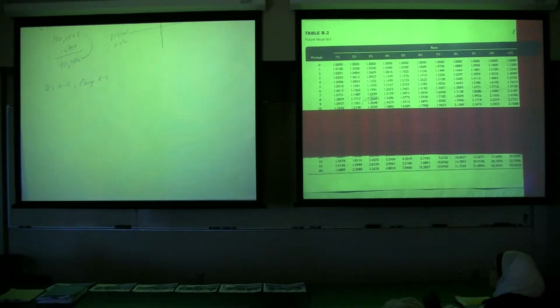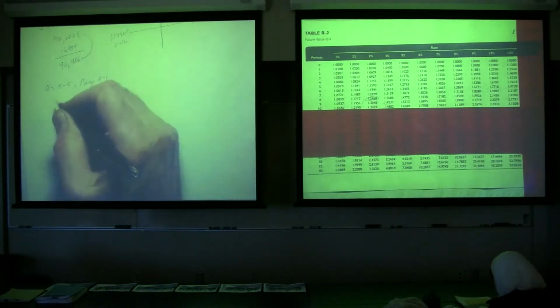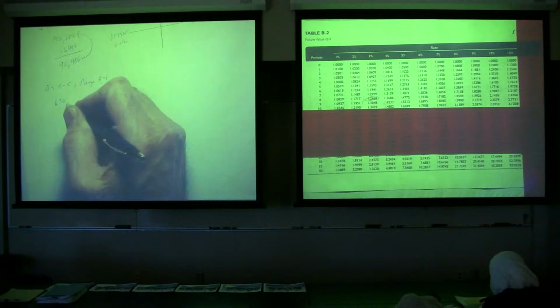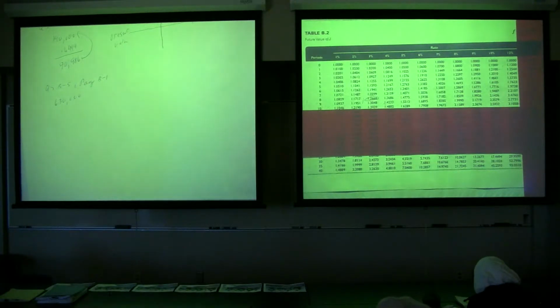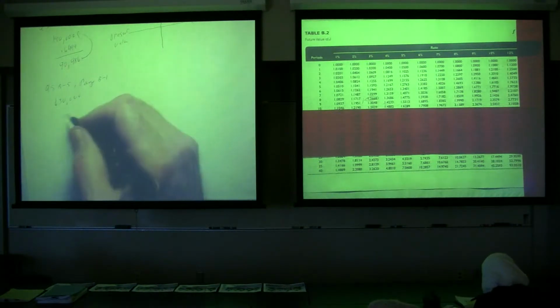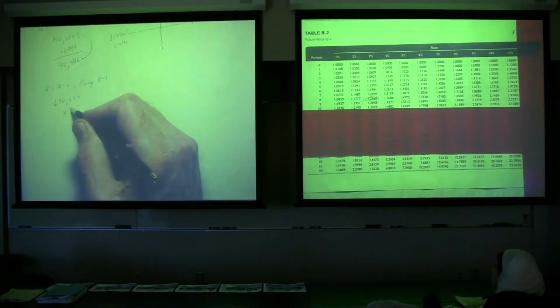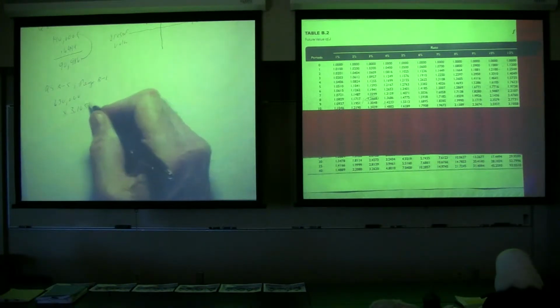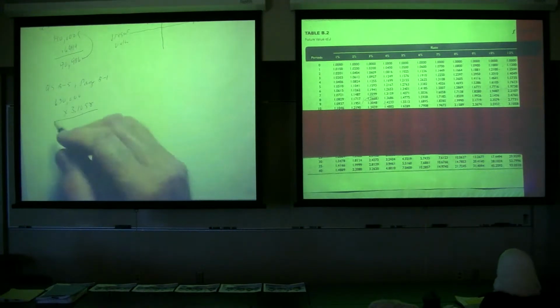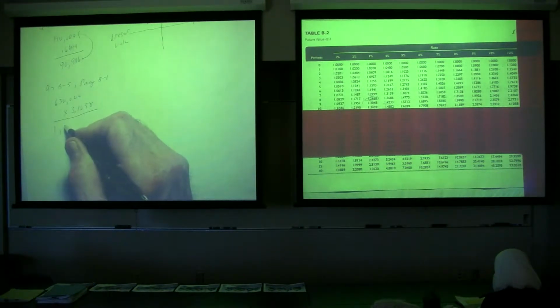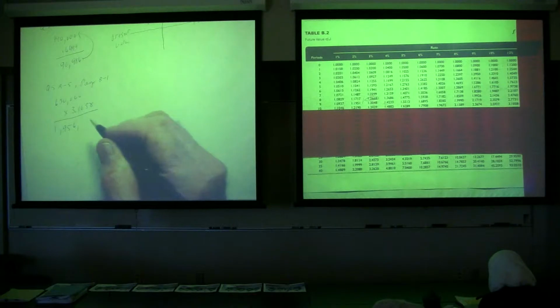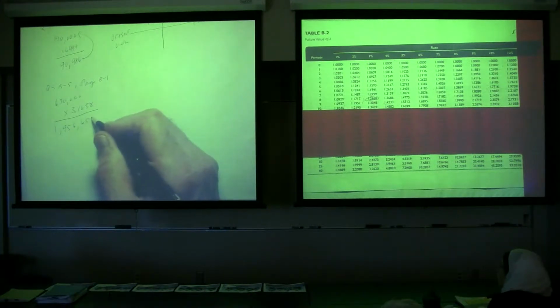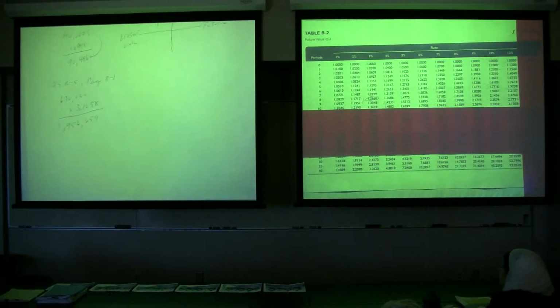I'll put this here, and this is B5. So, $630,000 invested today. Here's the factor. Will grow to $1,956,654 in 10 years at 12%.